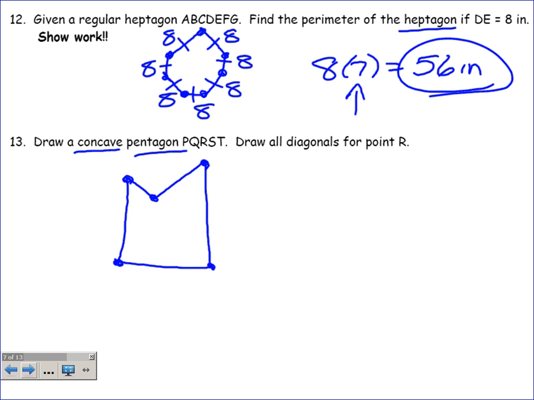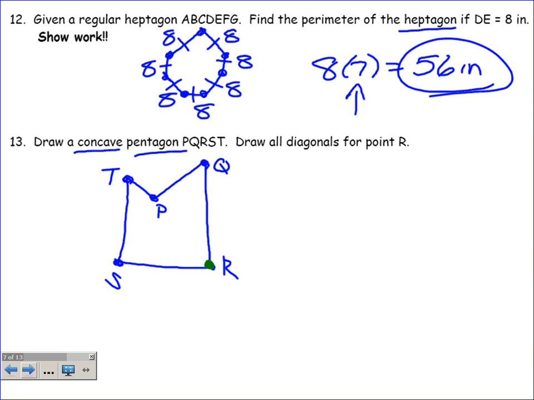Where are you going to go around, clockwise or counterclockwise? Clockwise. So P, Q, R, S, and T. It says draw all diagonals for point R. A diagonal connects any non-adjacent vertex.